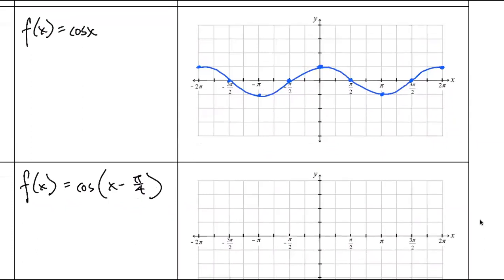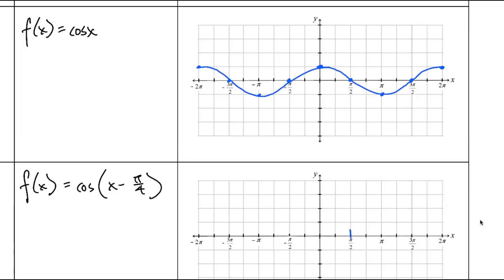All right. Now, there's a couple things that are tricky about this problem. One of them is that I'm moving pi over 4, and we haven't seen that yet. All right, so how many boxes is pi over 4 on this graph paper? It is not a half a box.